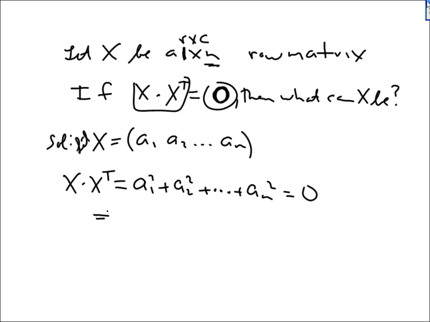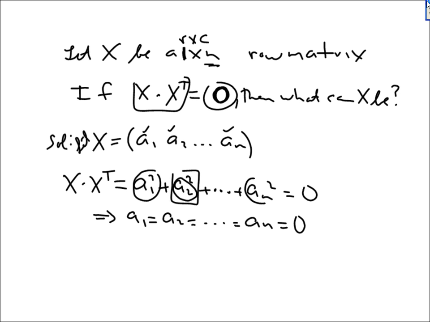Well, this implies that a1, a2, all the way up to an are all zeros. That is, each of these is zero. Because if a1 was anything but 0, like negative 4 or 11, when you square it, it'll be more than 0. Each of these is 0 or more.